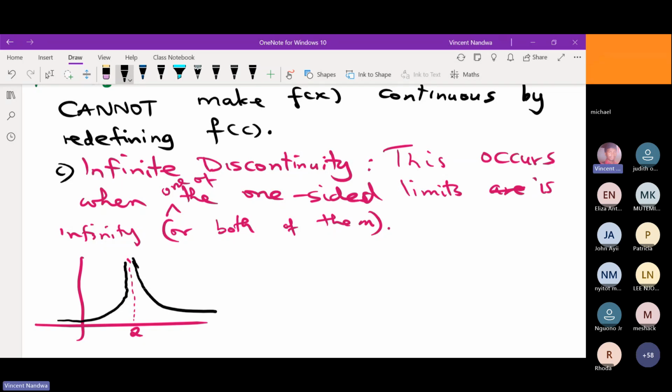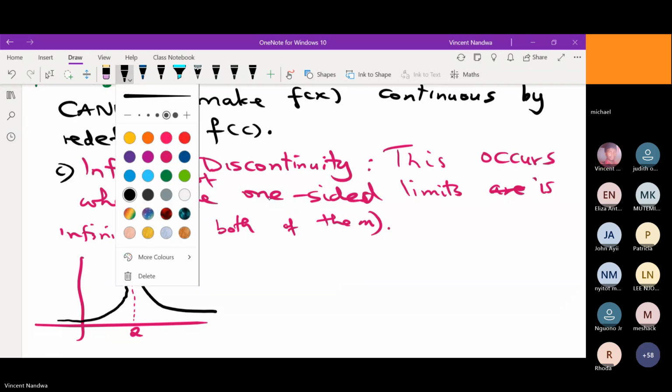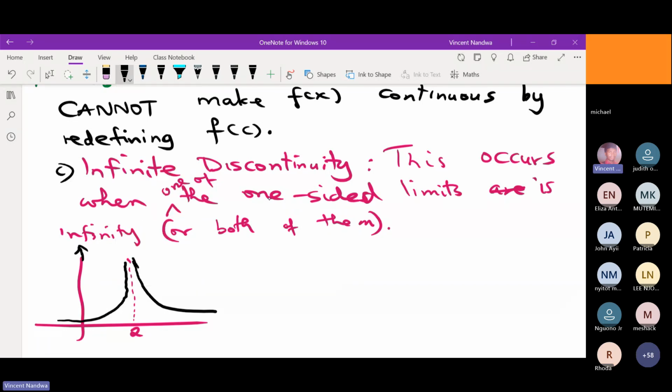So this is an example of a sketch of a function which has an infinite discontinuity because both the one-sided limits will actually be giving us infinity.